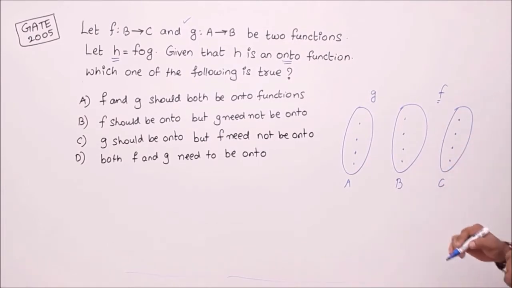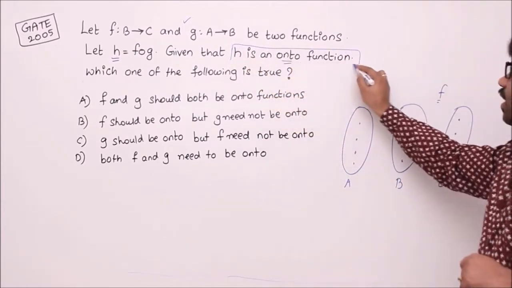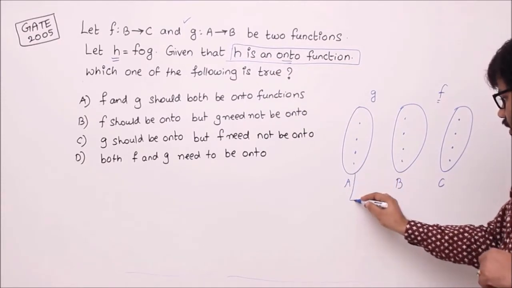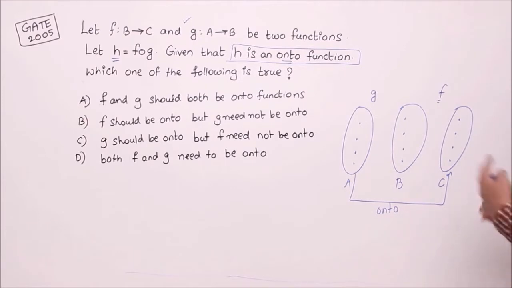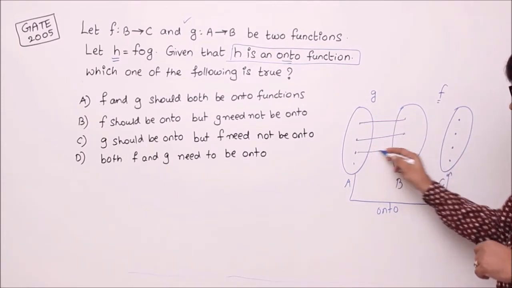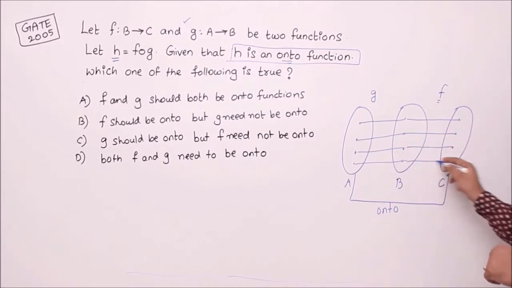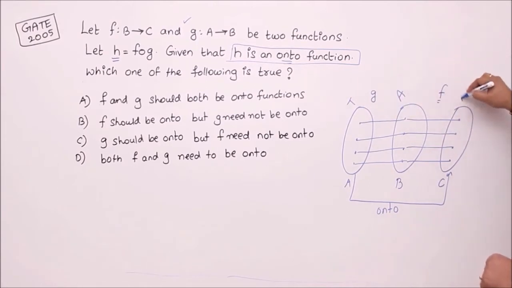Now the question is, some more information is given, right? Let's take that also. h is an onto function, so h is from A to C, onto. For this problem, the best idea is imagining these functions as routes. As I already told you, let's say this is Telangana, this is Andhra, this is Maharashtra.